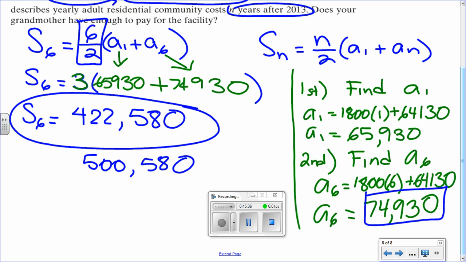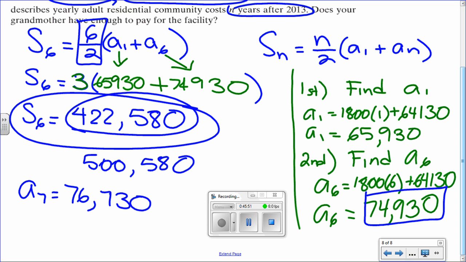So the seventh year is 76,730. Okay, so do me a favor then. Add that plus this, the cost for the first 6 years. 499,310. So she might have enough for a 7th year, right? But not for an 8th one.